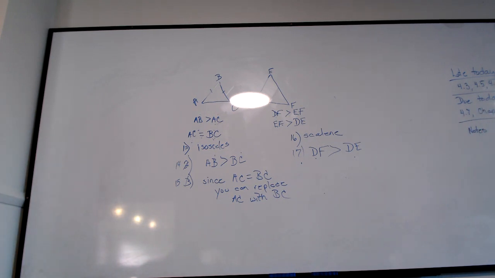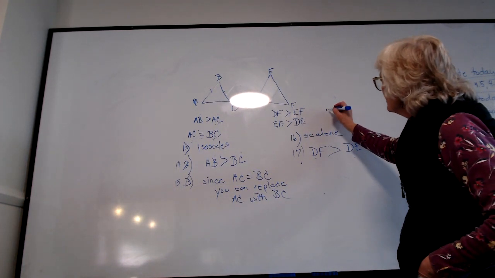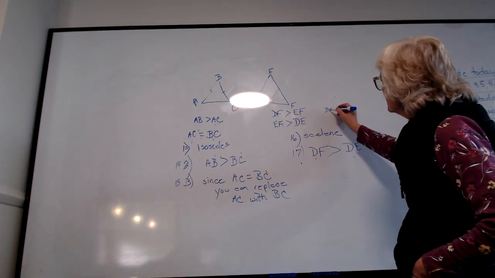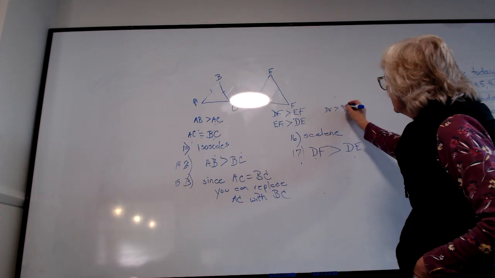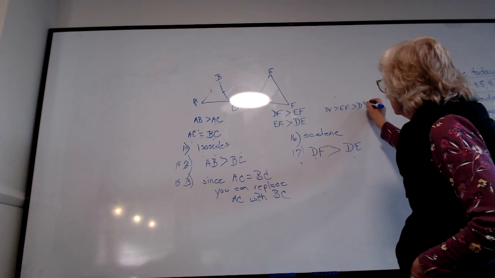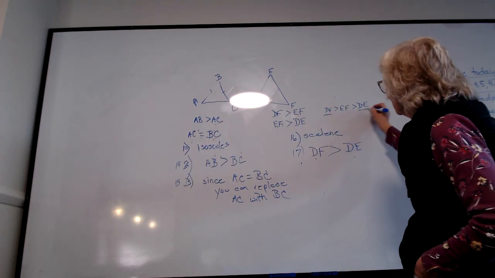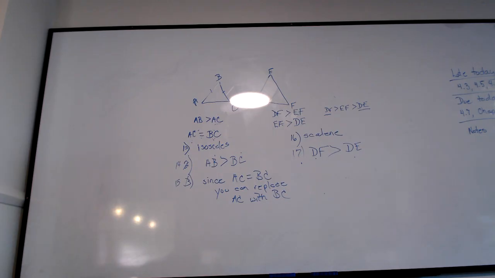Okay, why? You could actually draw it out if you wanted to. DF is greater than EF, but EF is greater than DE. So that tells me this one is greater than that one, because EF is in between.